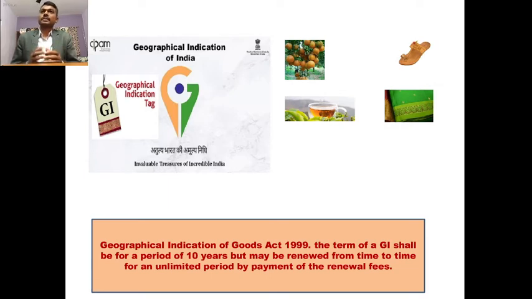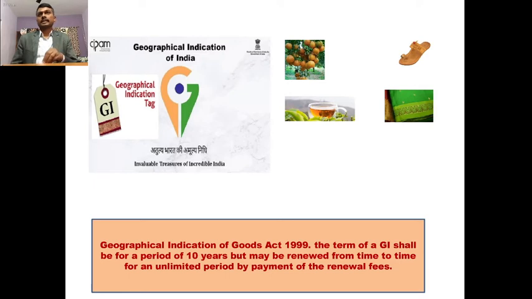So those protections are ensured, because if anybody is found doing that, then of course legal actions and legal provisions can be taken. So the farmers and cooperative societies involved in manufacturing or cultivating such a product, which is only possible in a geographical region and gains its popularity or quality by virtue of that geographical location, once you move out from that location, you are not going to get the same product.